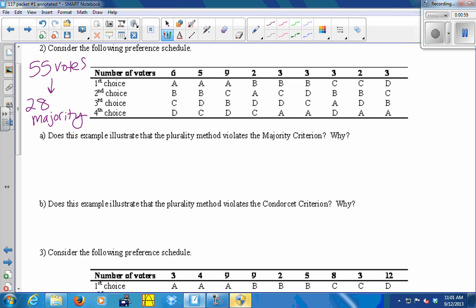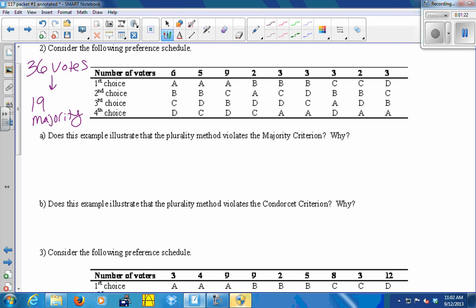Oh, thank you. Should have added it myself. So to get the number of voters, you add the numbers across the top in the preference schedule and you get 36. Okay, so half of 36 is 18, but a majority requires more than half, so we have 19 for a majority.